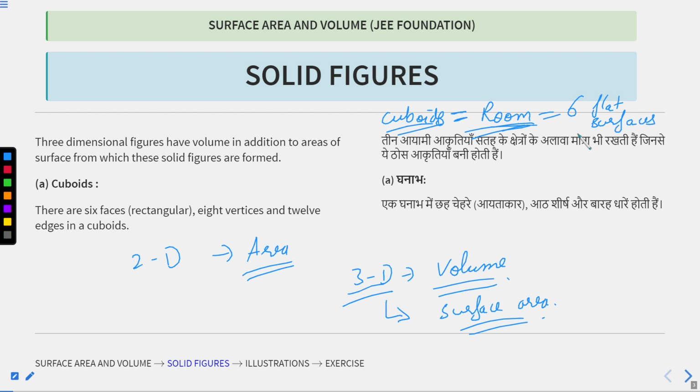So in a cuboid there are six faces, as you can visualize by visualizing a room, and eight vertices.